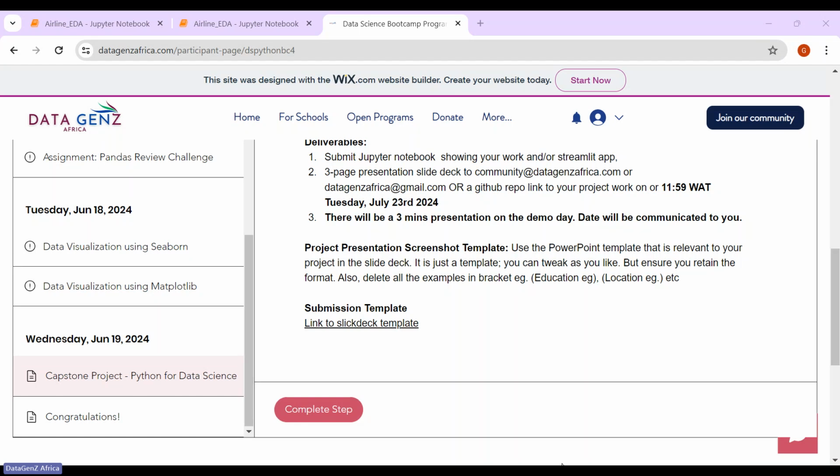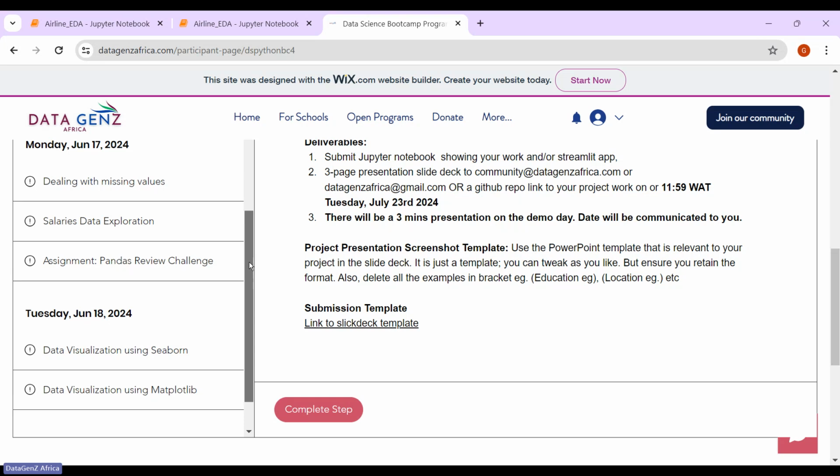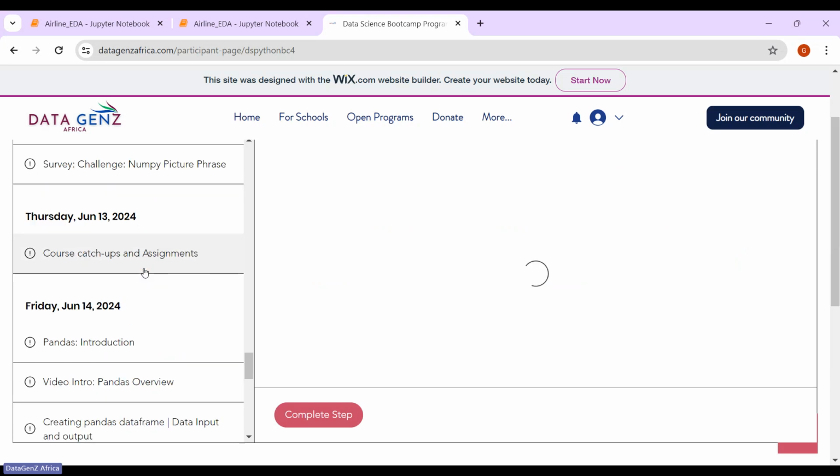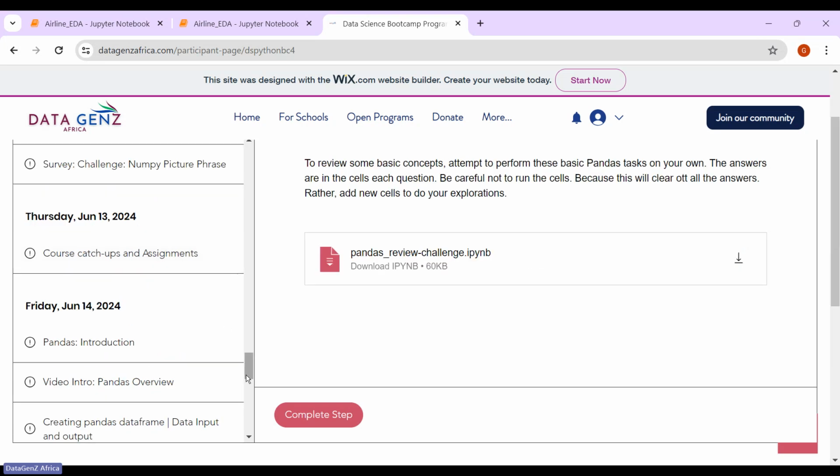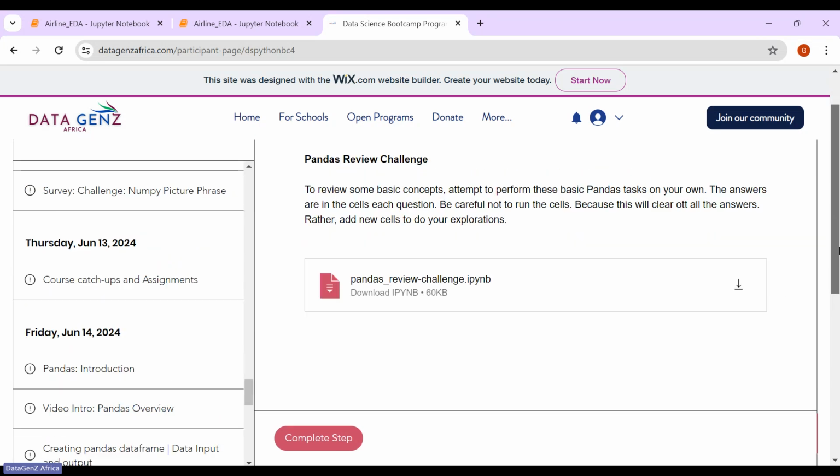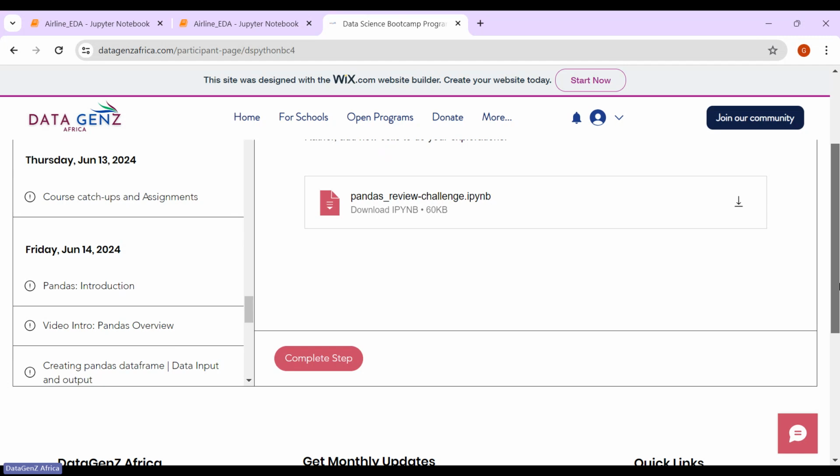If you go to the classroom, the LMS, you would notice that there was a pandas review challenge from last class. I said you should try your hands on this challenge. It's going to help you to further firm up your knowledge on pandas, all we've covered from the beginning of the pandas package up to this time.